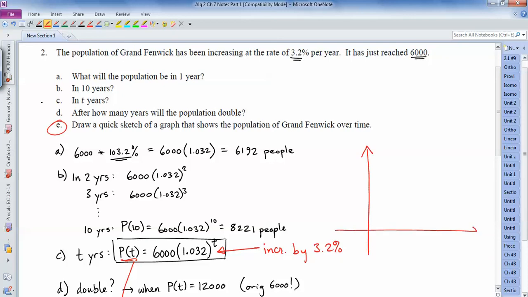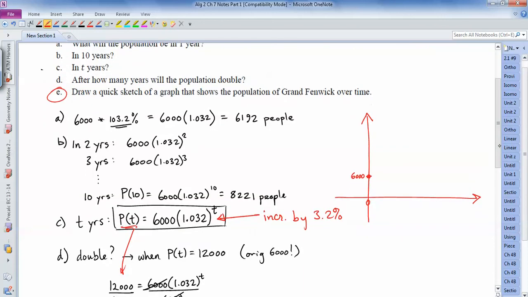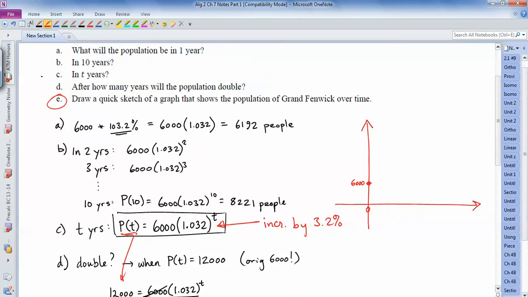Well, we know initially, when the year was 0, we had 6,000 people. So I'm going to put a dot right there. And we know that 1 year later, I'm just going to put 1 right there, it was 6192, so it was just a little bit higher.